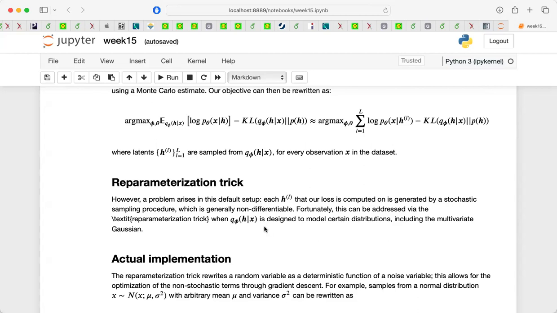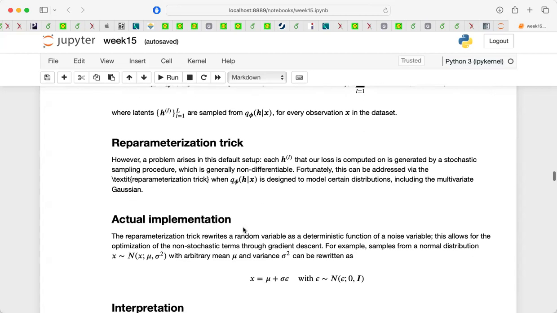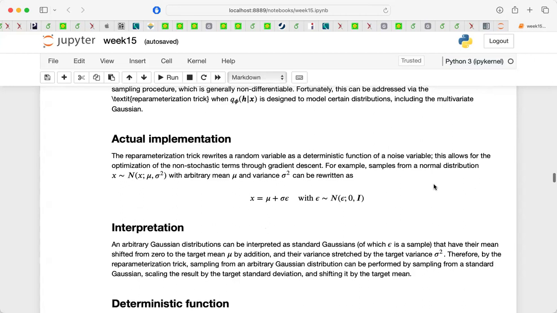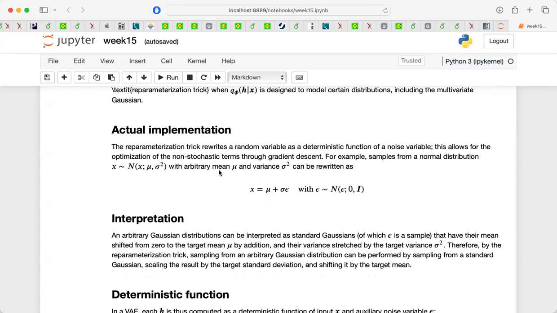And this is normally addressed by what is called the reparametrization trick, where this function, this posterior probability, is designed to model certain distributions, including the multivariate Gaussian. The standard trick is to reparametrize a random variable as a deterministic function of a noise variable. And this allows for the optimization of the non-stochastic terms through gradient descent.